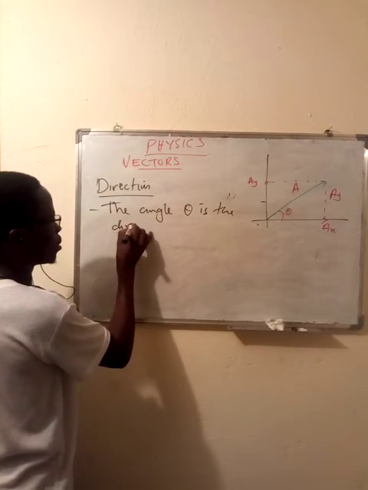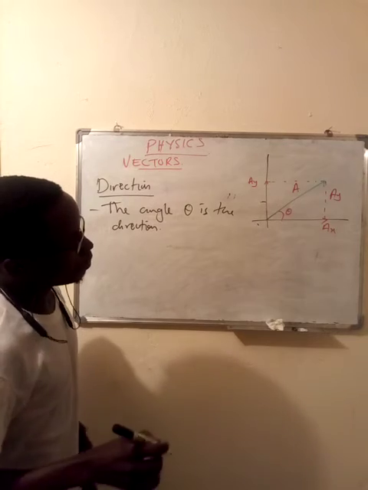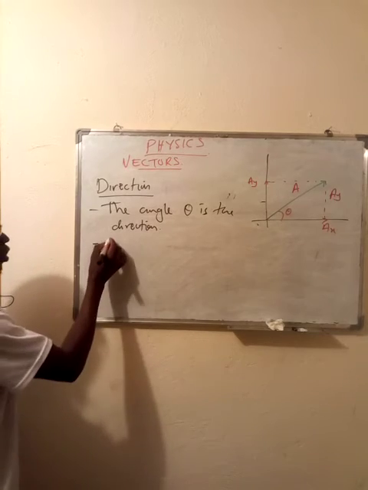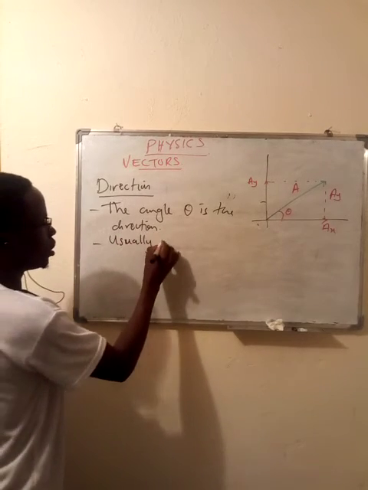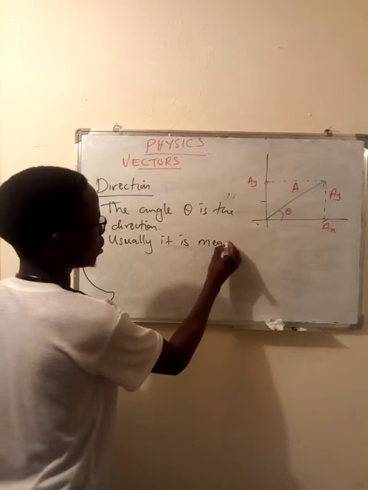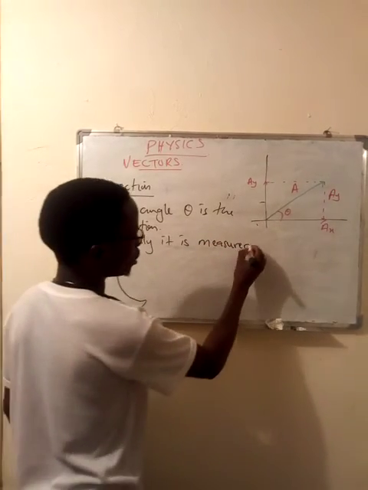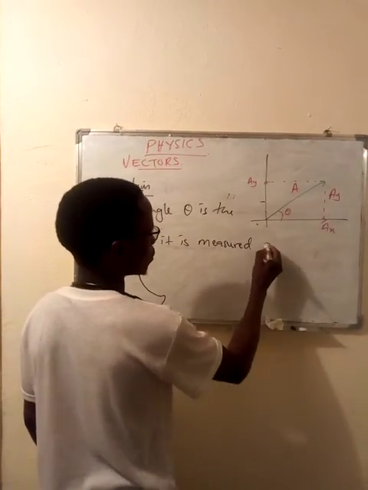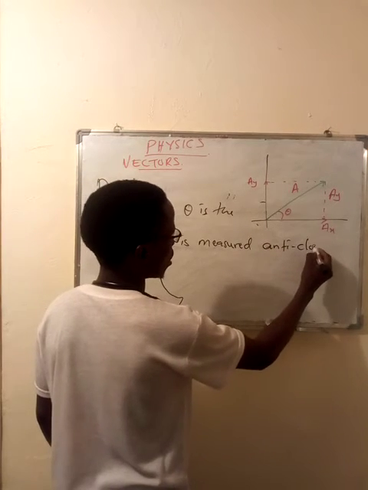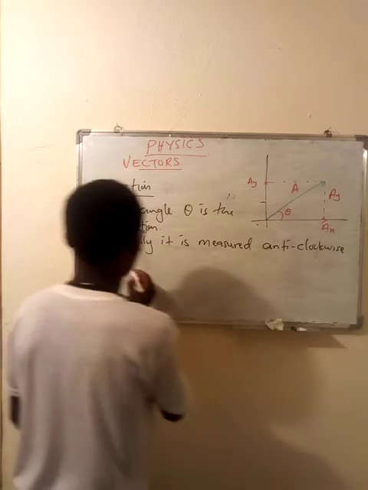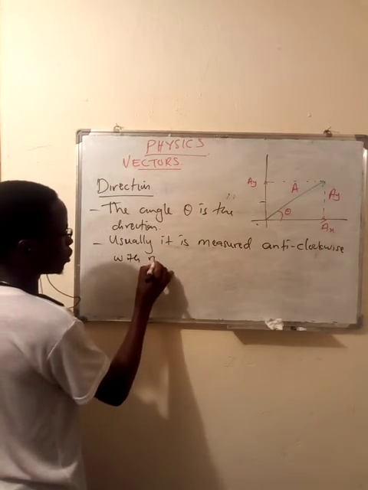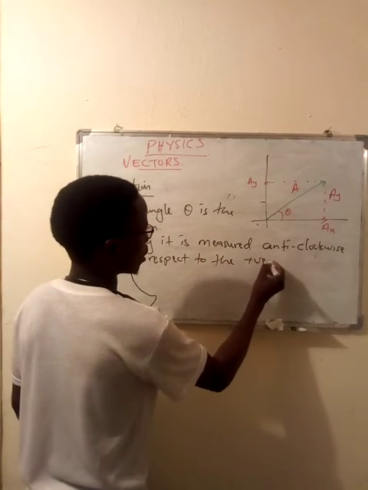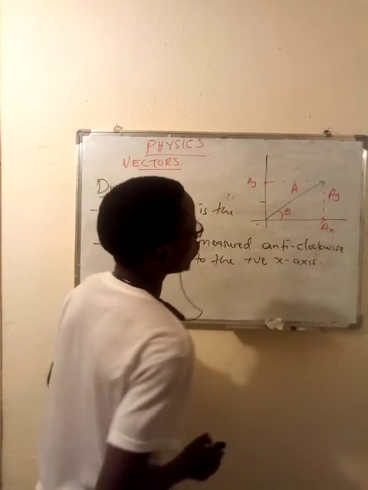it is measured anti-clockwise with respect to the positive x-axis, meaning that you start from the positive x-axis and then you start moving in the anti-clockwise direction like that, so that you are going to have a positive angle.